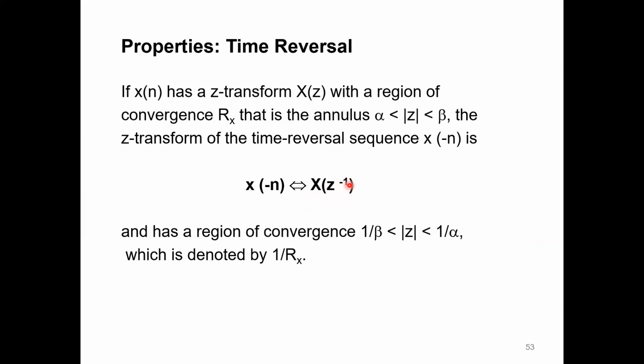All the z's will take the form of z to the minus 1. Take z out and put z to the minus 1 there. It's not multiplying with z to the minus something, it's changing z to z to the minus 1, just that. When you do that, your region of convergence will also change. It will be inverted, or rather reciprocal.